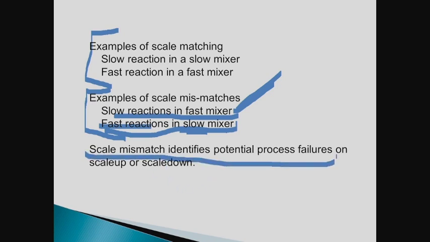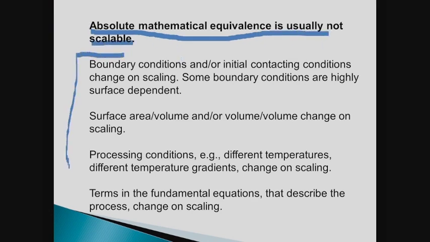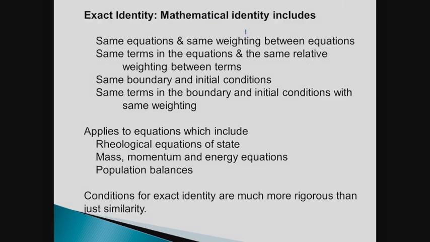So scale mismatches identify potential process failures. You usually also find that absolute mathematical equivalency is not scalable. The conditions required for the two processes to be mathematically equivalent are really out of sight. Exact mathematical identity, here's the listing of those. We don't necessarily have to go through that.